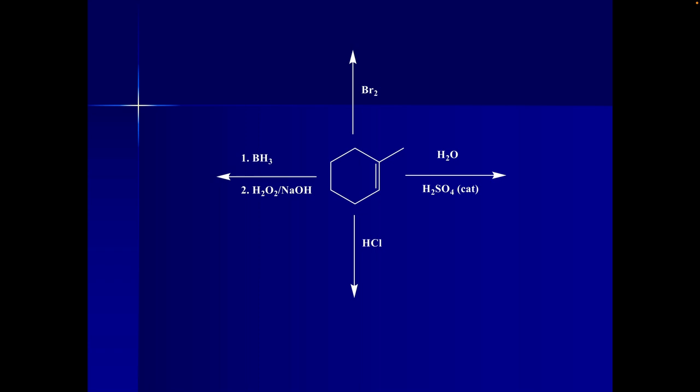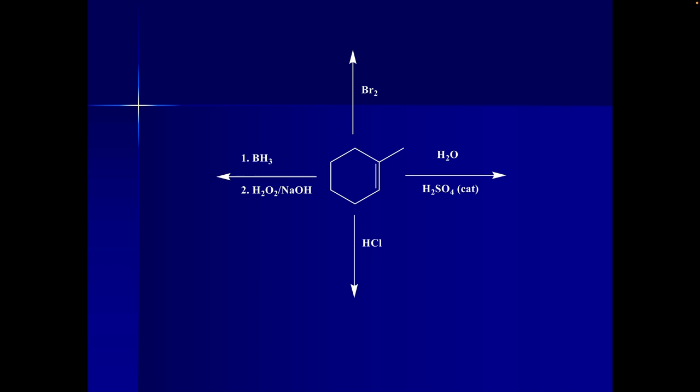So I know this is where all the chemistry is going to start. In the first one going up, we're reacting that with bromine. So I'm going to make a 1,2-dibromo compound, right? So we've got to draw that out.